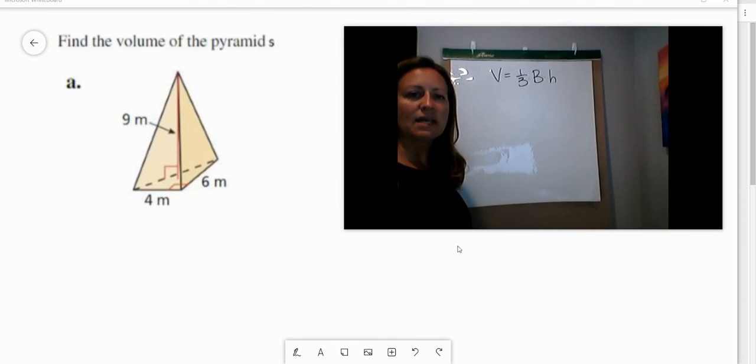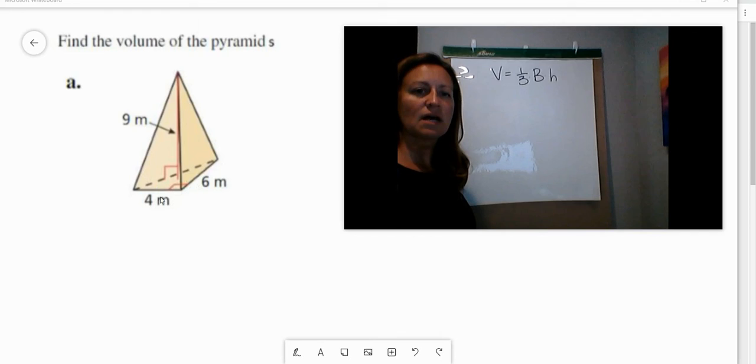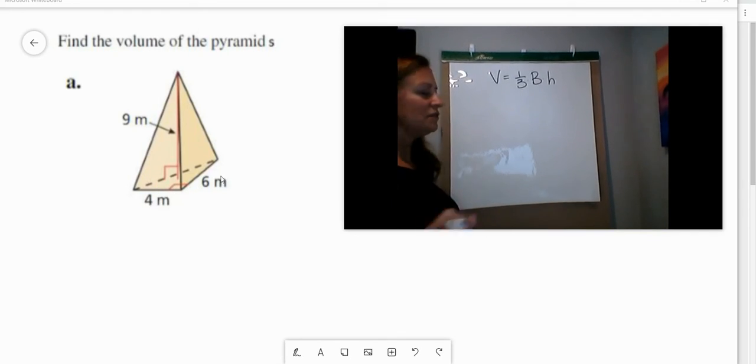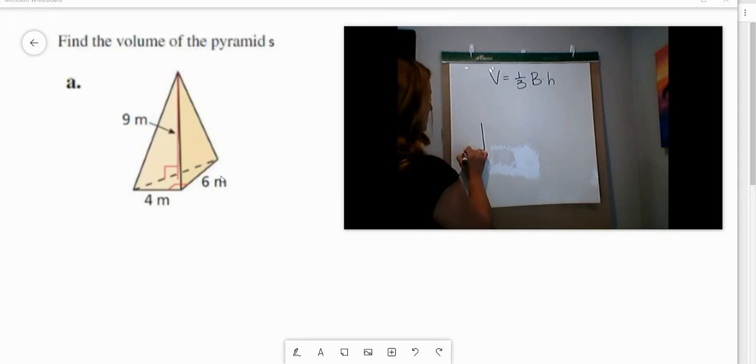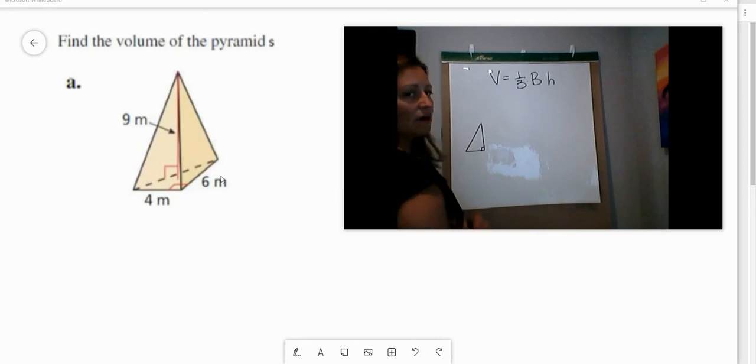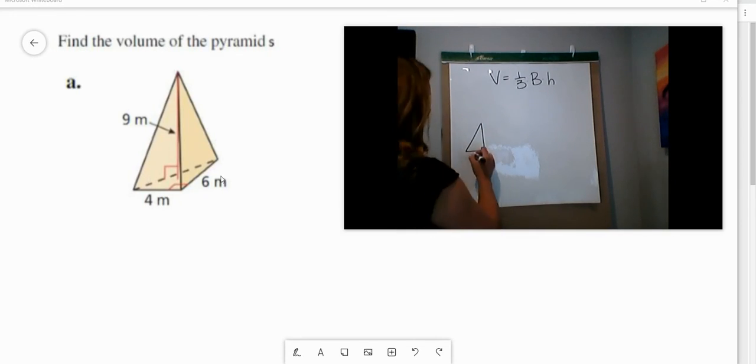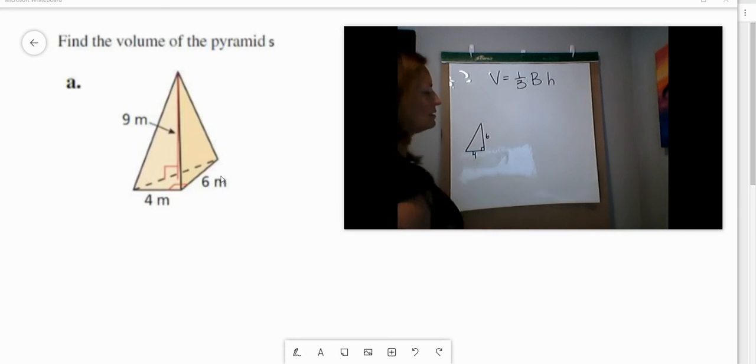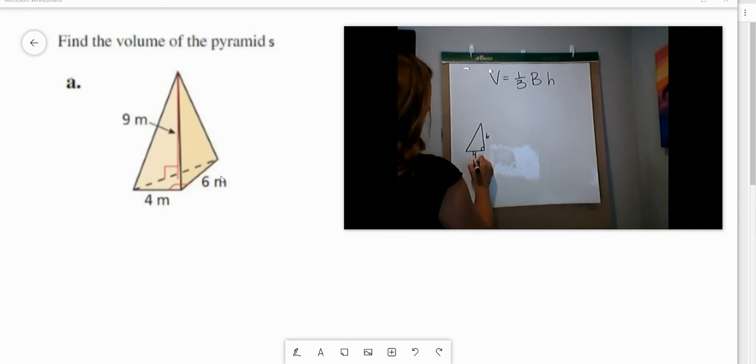So let's see, have we been given everything we need to plug into the volume formula? Can we find the area of this base? It's just a triangle, and we've got a base and a height for that triangle. If you were to stand up that little triangle on the bottom there, on its right angle, you would have a 4 here and a 6 there. And so this would be base, and this would be height.